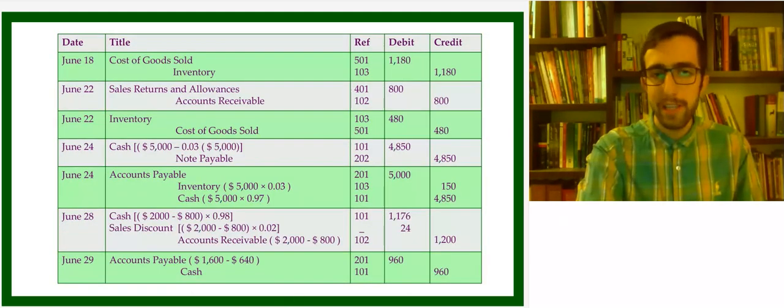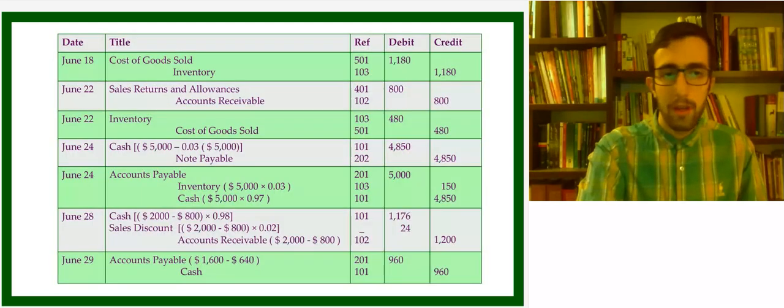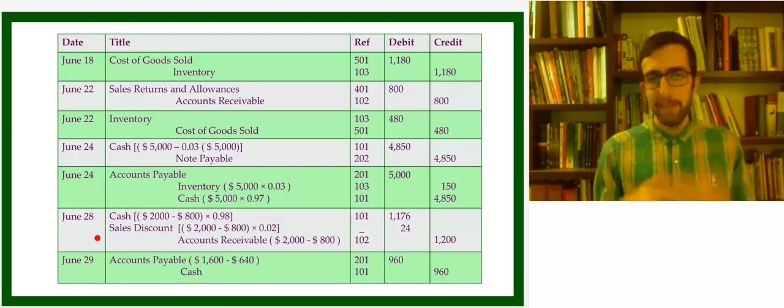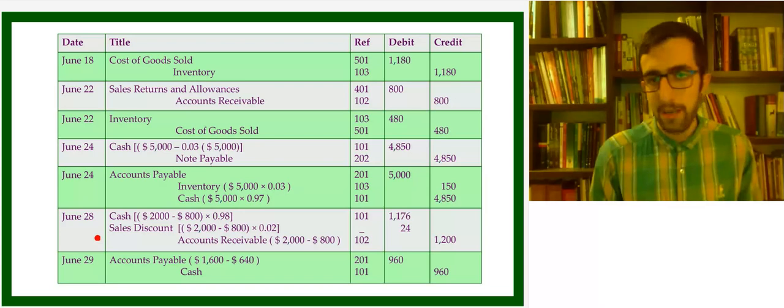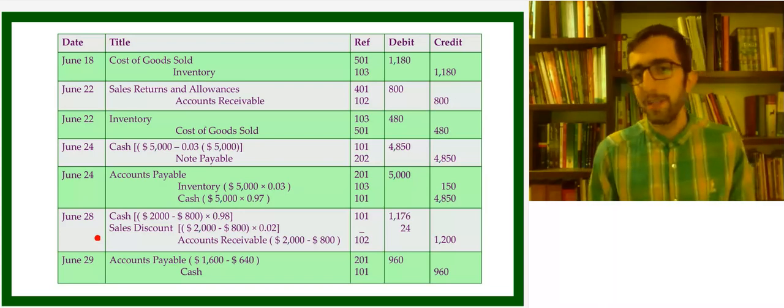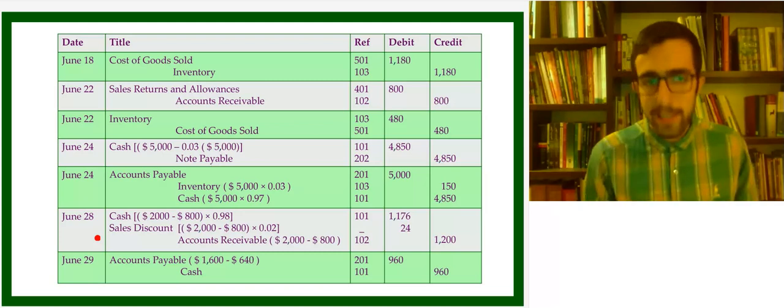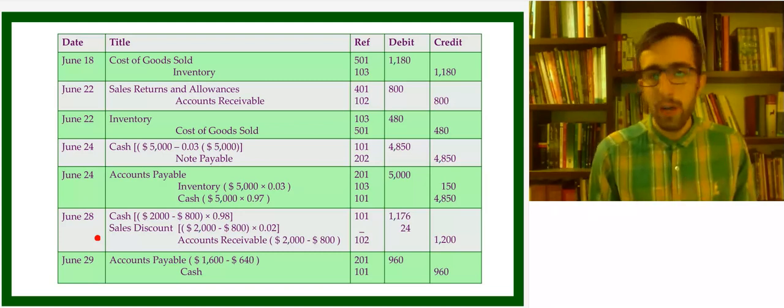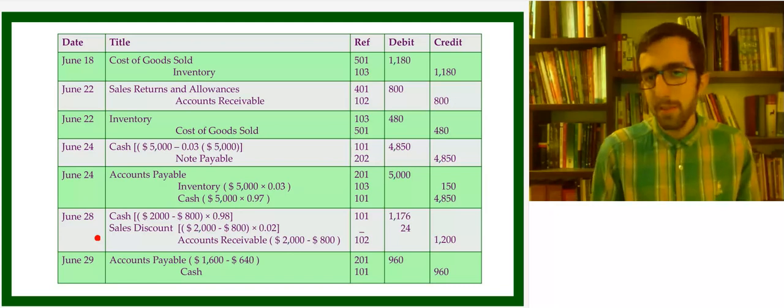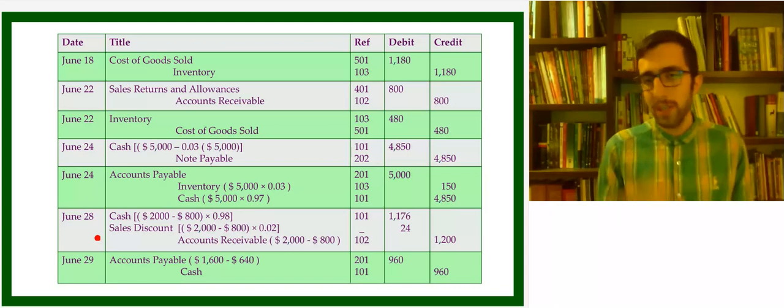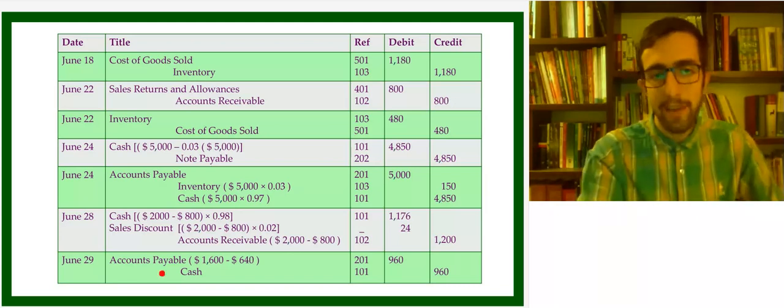Also, for this transaction, we have cash and sales discount on the debit side. Cash was $1,176 and sales discount $24 on the debit side, and accounts receivable $1,200 on the credit side.